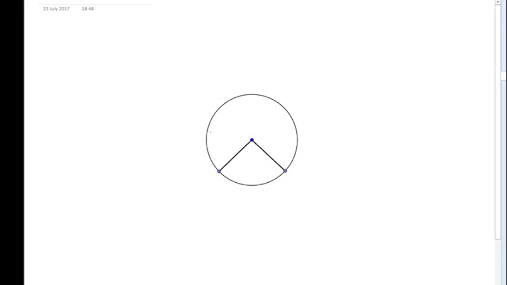If I were to divide the circle into 4 parts, what would be the angle that each sector will subtend? So if all these parts are equally divided, what would be the angle at the center? What would be this angle if I have divided it into 4 equal parts? So this angle will be just 360 divided by the number of parts. Okay, so if I have divided it into 4 parts, the angle here will be 90 degrees.